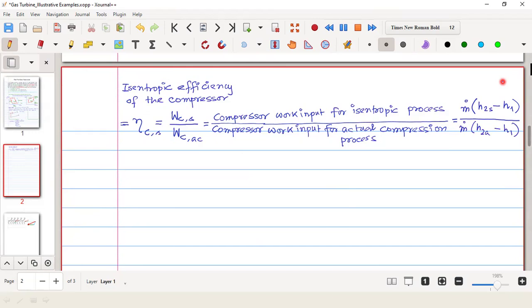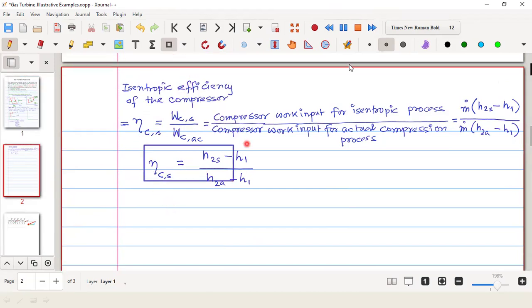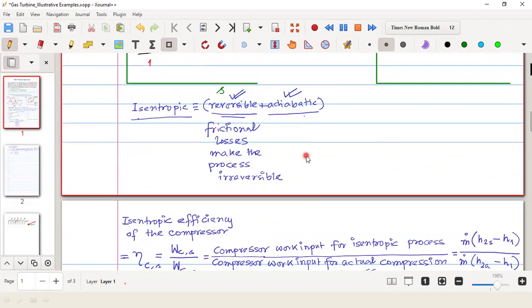After cancelling the mass flow rate, eta Cs is equal to H2S minus H1 divided by H2A minus H1. So that is one thing that we will need to use.